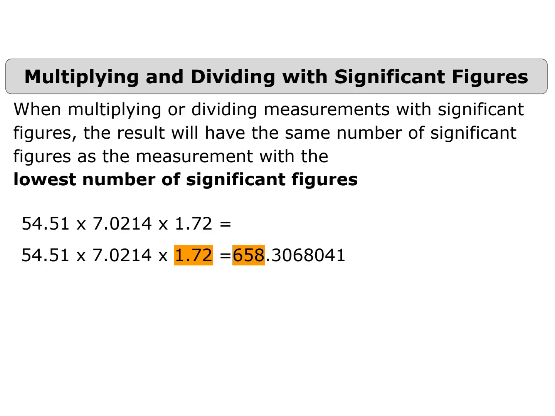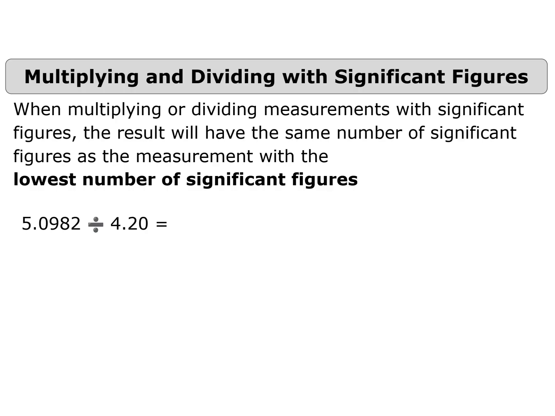However, when we look at our factors, the factor with the lowest number of significant figures is the 1.72, which has 3 significant figures. So our answer can only have 3 significant figures. Therefore, our answer would be 658.